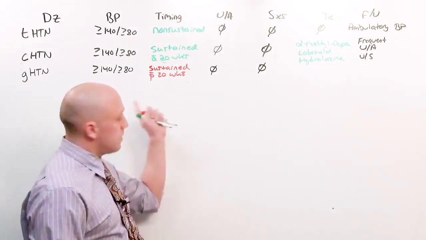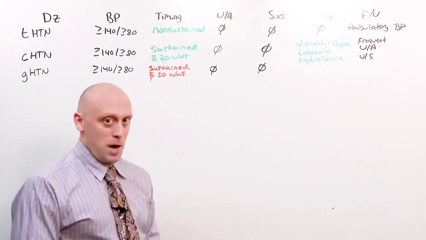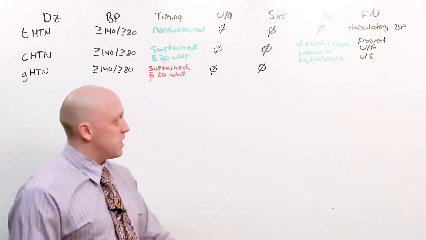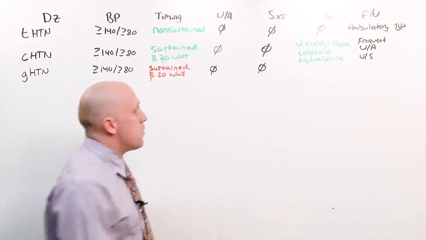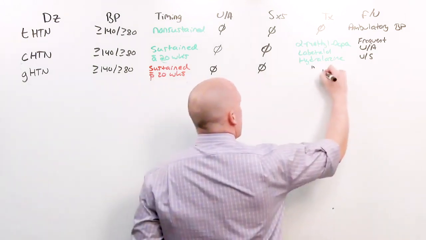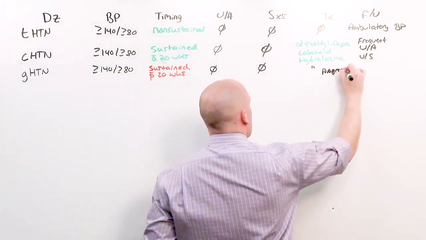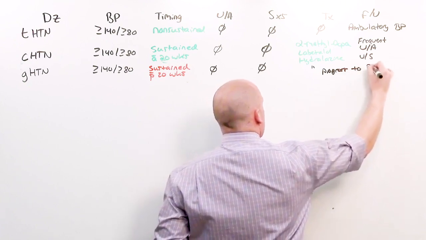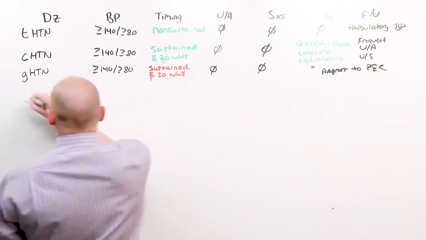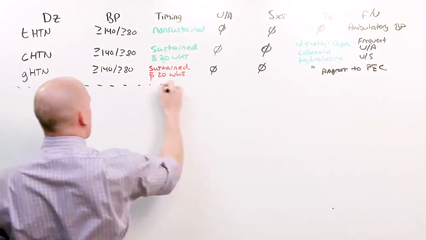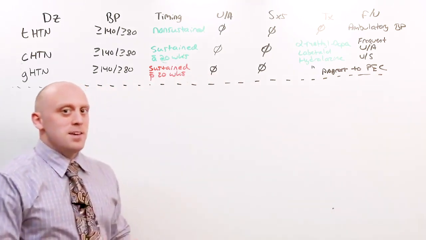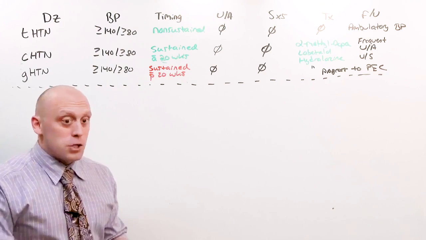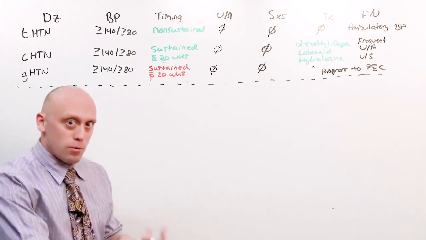It's the same thing as chronic hypertension in the sense that she's going to need frequent urinalysis and ultrasounds with more frequent follow-up. The only difference is that this can progress to preeclampsia. The thing is, you don't know at the time you diagnose her if she's got preeclampsia or not. At the time right now, she could develop preeclampsia.